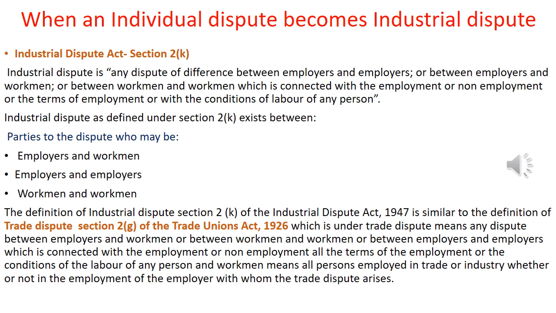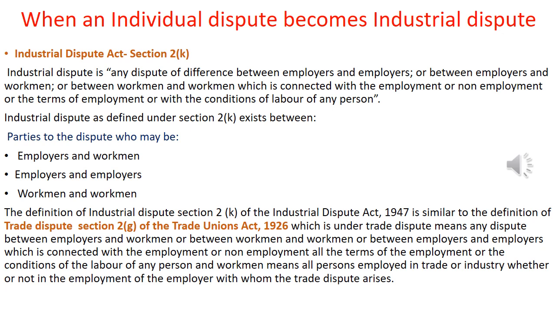Here the definition is so simple. We can say that the parties to the dispute are employers and workmen, employers and employers, workmen and workmen. And it should be related either to the employment or non-employment, or to the terms of employment, or to the conditions of labor. So whether that workman is under one employer or any other employer, it is a trade dispute.